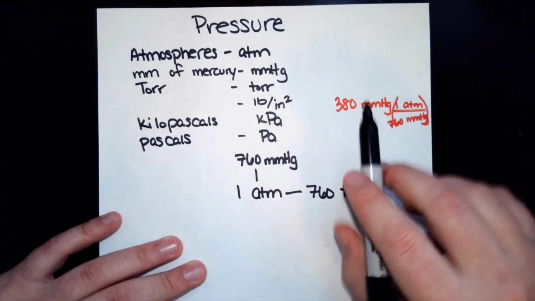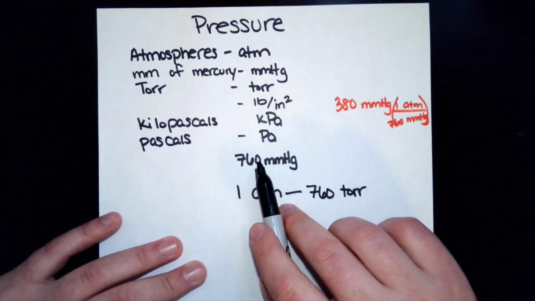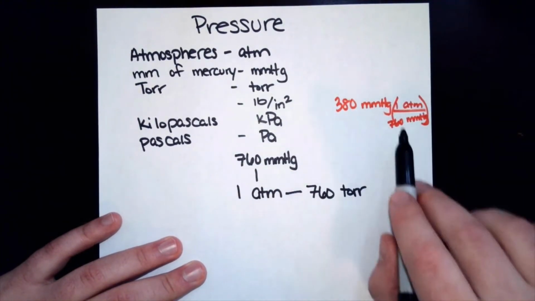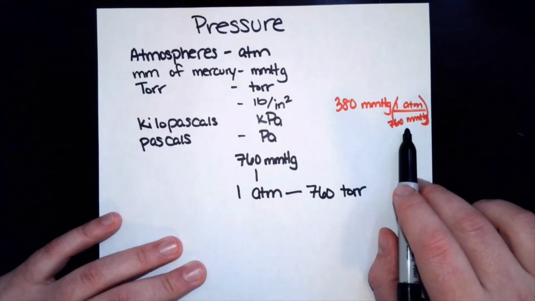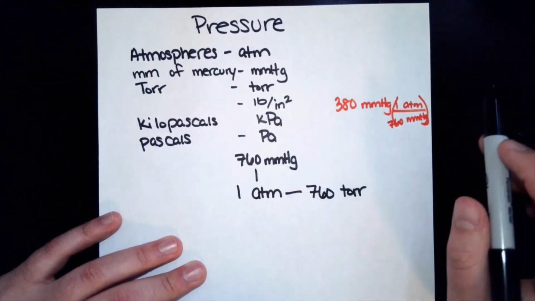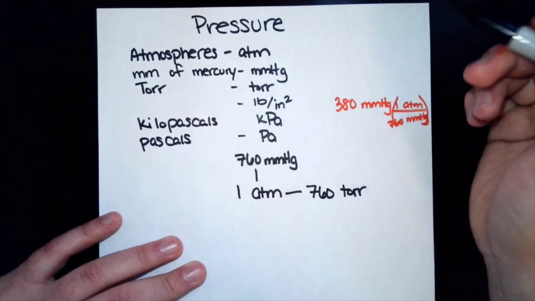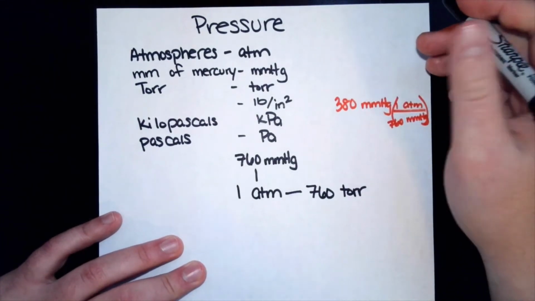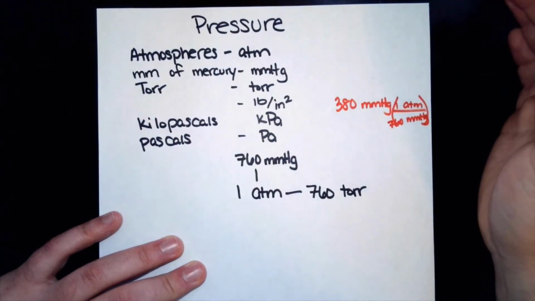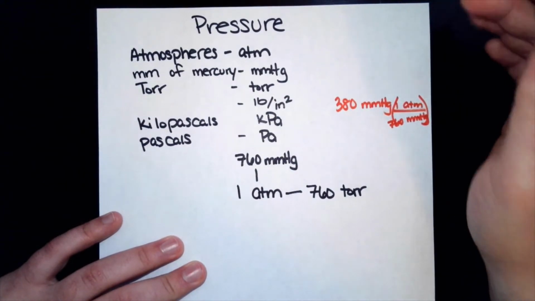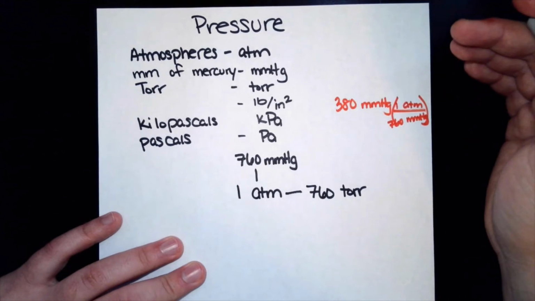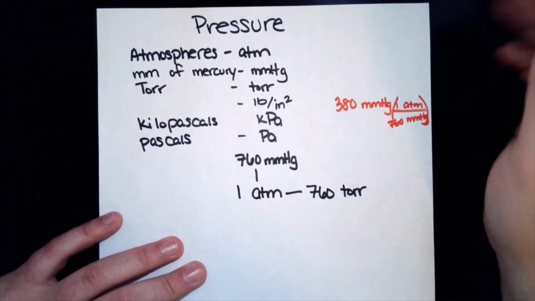So if you're given millimeters of mercury, you could also say 760 torr over 760 millimeters of mercury to convert from millimeters of mercury to torr, for instance. But, of course, as you can see, that number is exactly the same, which means that even though millimeters of mercury and torr are different units, the numeric values for them are mathematically equivalent. So they're in a 1-to-1 ratio.